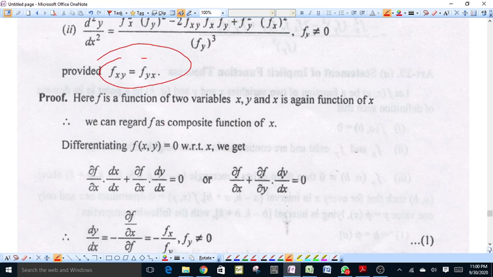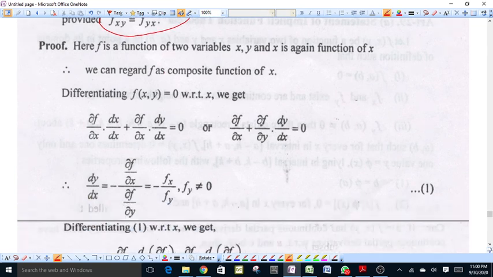Because f is a function of two variables x and y, and y is again a function of x, we can regard f as a composite function of x. Differentiating f(x,y) with respect to x, ∂f/∂x · dx/dx plus ∂f/∂y · dy/dx, where dx/dx cancels out, will be equal to ∂f/∂x plus ∂f/∂y · dy/dx is equal to 0.